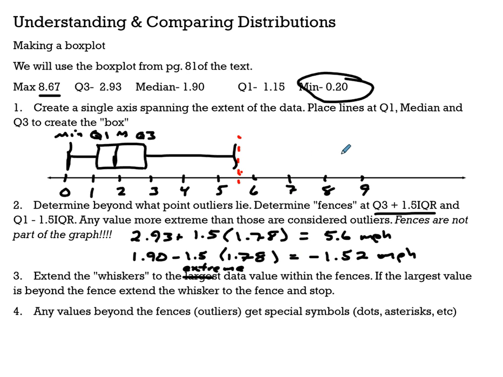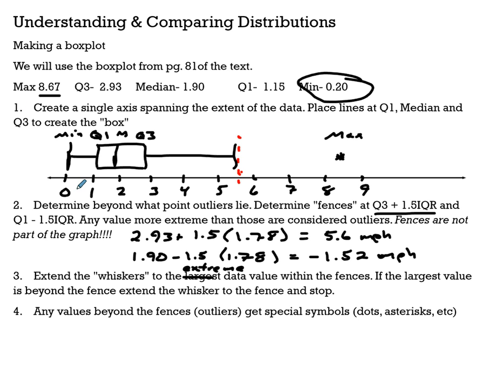Our outlier is 8.67, so we're going to put an outlier right here. It can be an asterisk, it can be a dot. This is our maximum value, which happens to be an outlier. There might be other values in between here; we just don't know what they are because all we've been given is the 5-number summary.